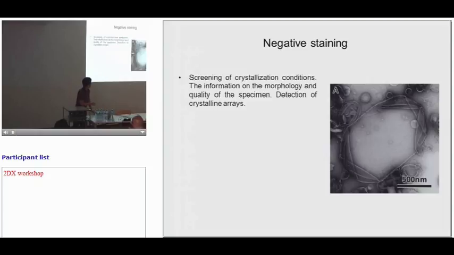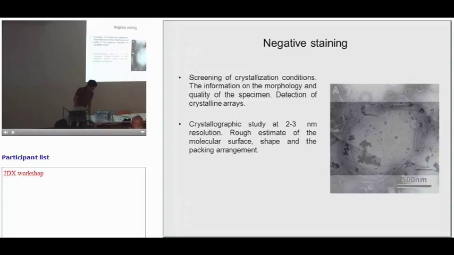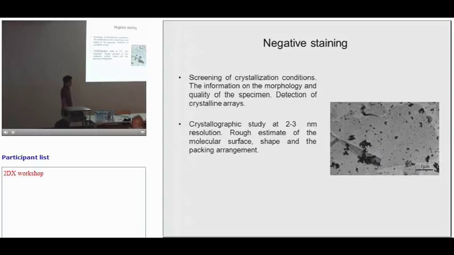You can see the arrays on the vesicles. Negative staining is also used for crystallographic study at 2 to 3 nanometer resolution. At this low resolution, it's possible to roughly estimate the molecular surface, molecular shape, and the packing arrangement.